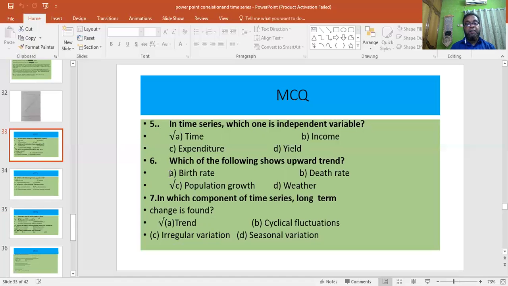In trend, or secular trend, long-term change is found. So the answer is A, trend. So in number 5, answer is time. Number 6, answer is C, that is population growth. Number 7, answer is trend or secular trend, that is A.